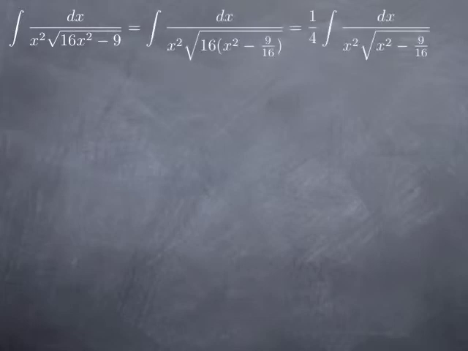So if I factor out 16 under the square root, I get 16 multiplied by x squared minus 9/16, and then when we pull the 16 out of the root, we get a 4 at the bottom, and I'm going to pull that out of the integral as a constant in front of the integral, which is simply 1/4. So now we are in a standard situation to use trig substitution.